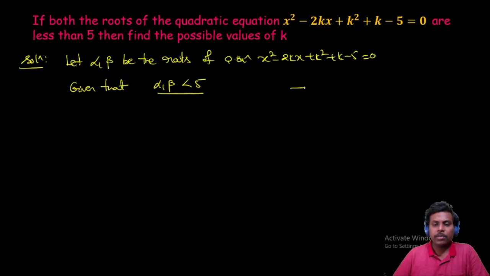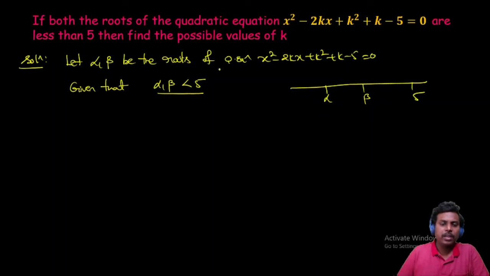Okay, now let me draw a real number line, indicating alpha and beta and 5 here. This is how they are located, assuming without loss of generality alpha is less than beta. Now, this quadratic equation has real roots and alpha comma beta are less than 5.